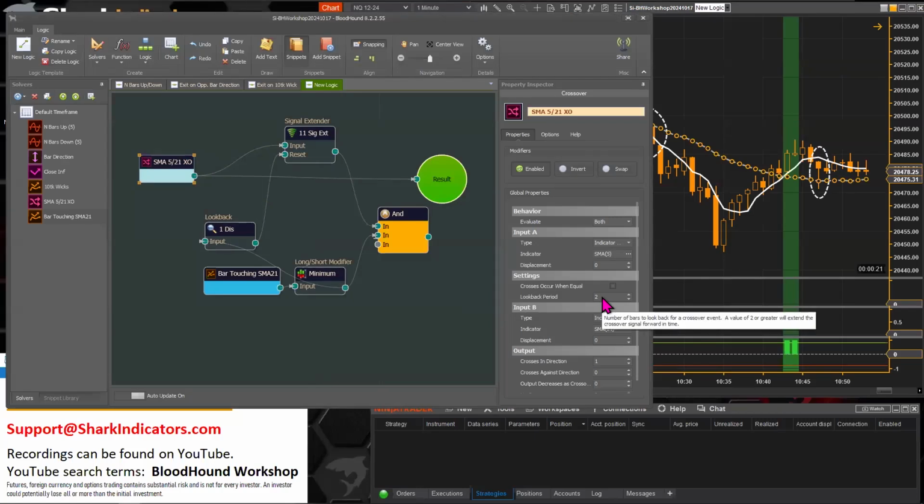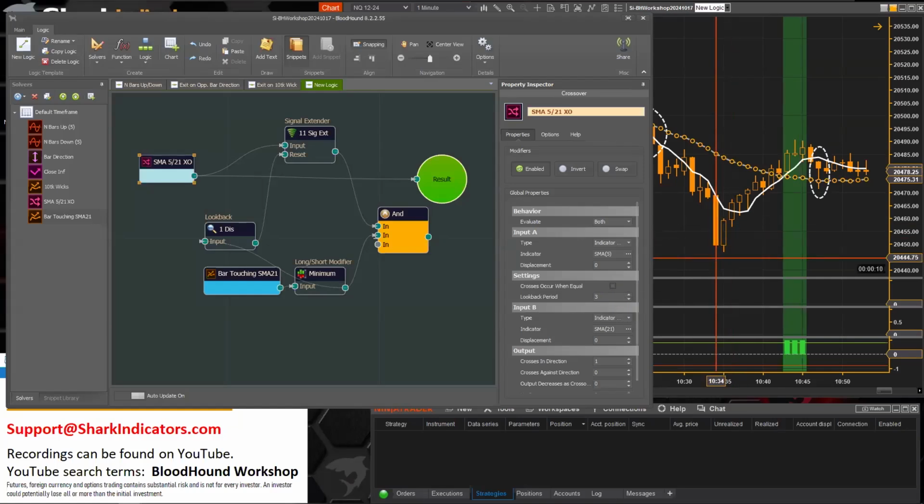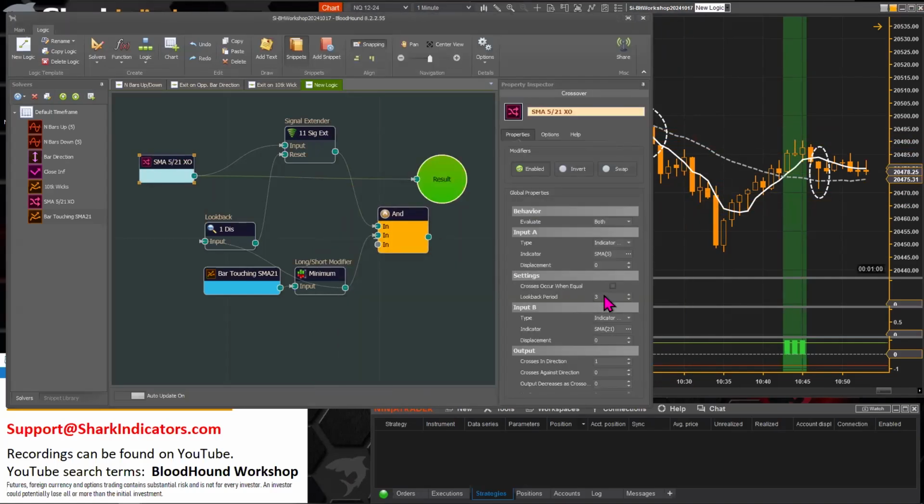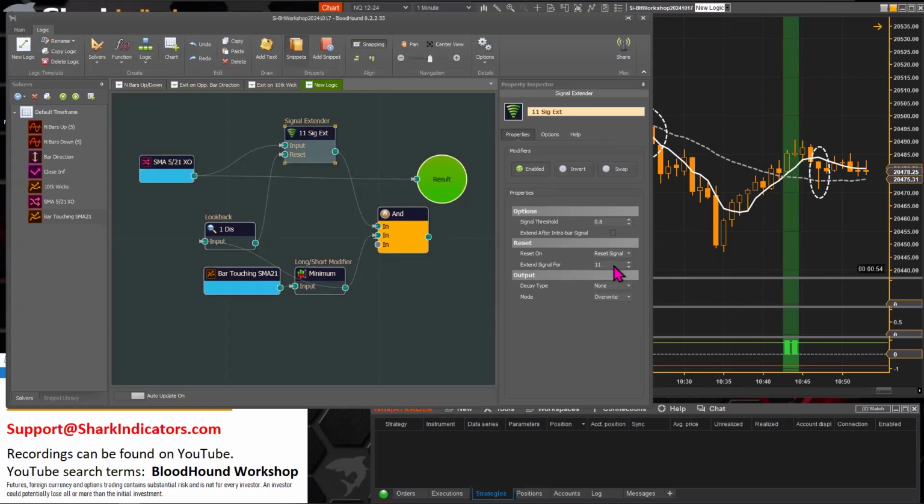Again, these are personal settings that you'll have to figure out for yourself, but maybe you might want to go up to 3. But at least for where we're working on the chart here, 2 looks like it's enough. So I'm going to set this to 2. And then the signal extender, I'm going to back that off by 1. There.